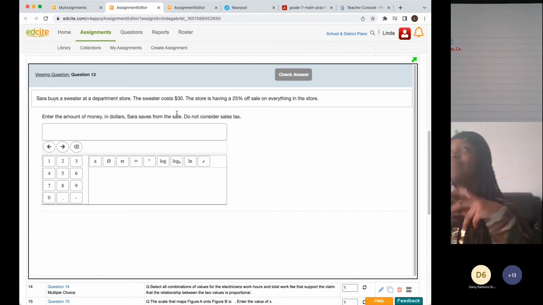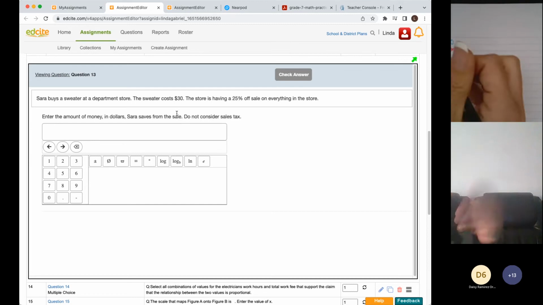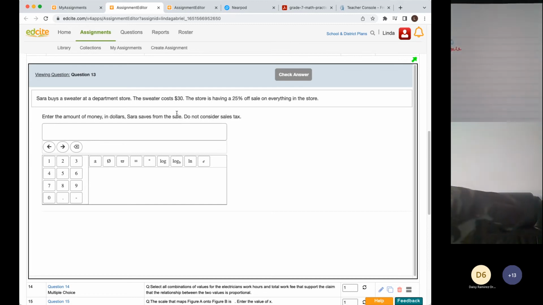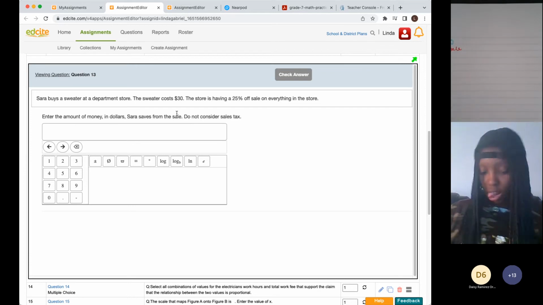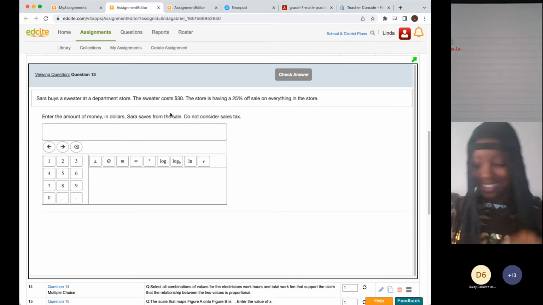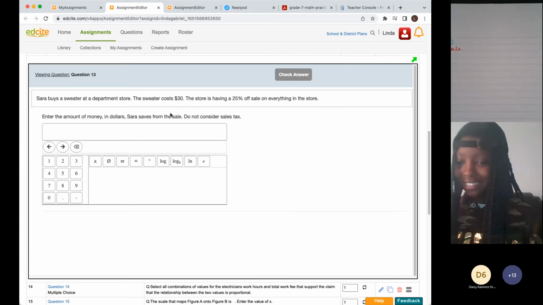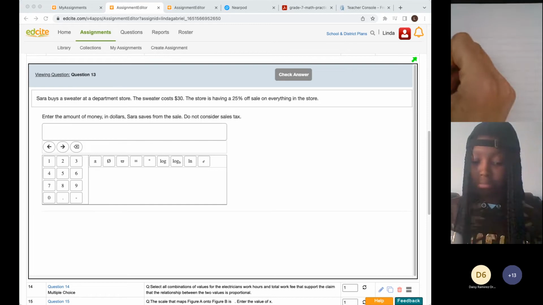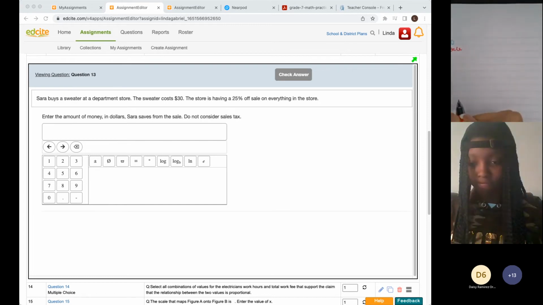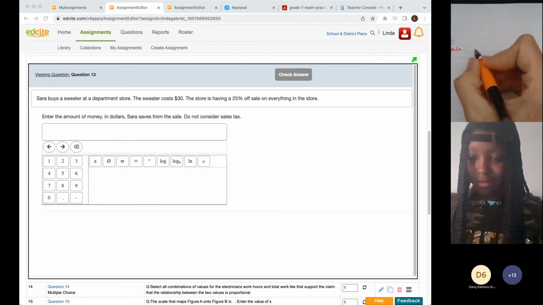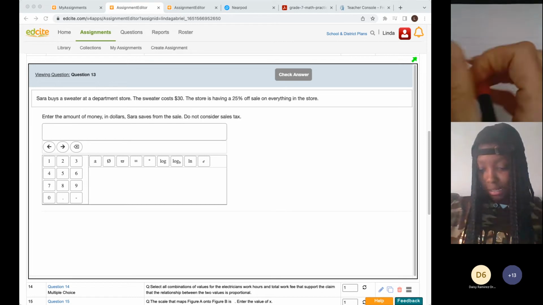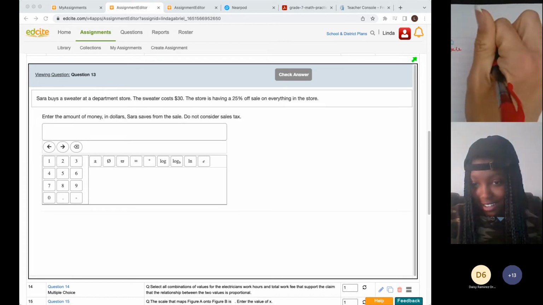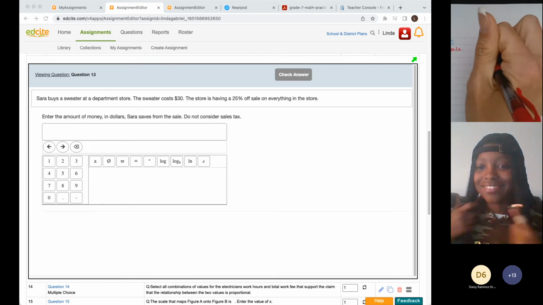And we figure this out by turning 25% into a decimal point, right? Whenever you have a percentage, you know that it's going to be out of 100. It's just like a test. If you get 100%, that means you got them all right. 25% just literally means 25 out of 100.